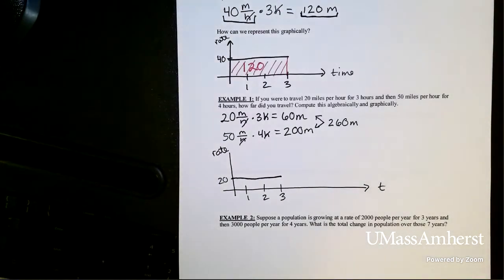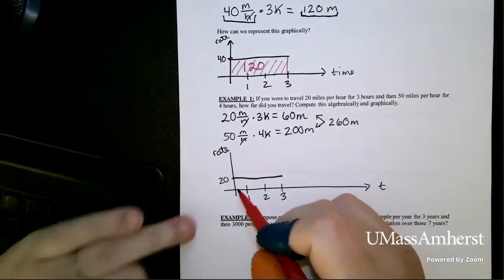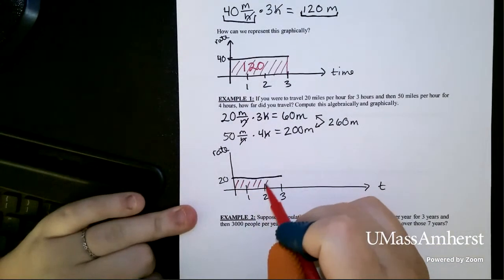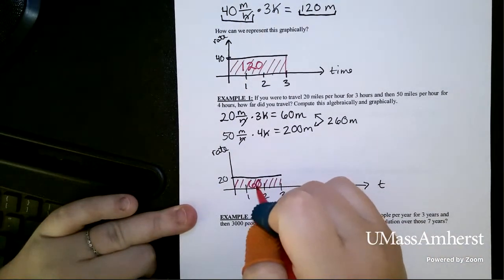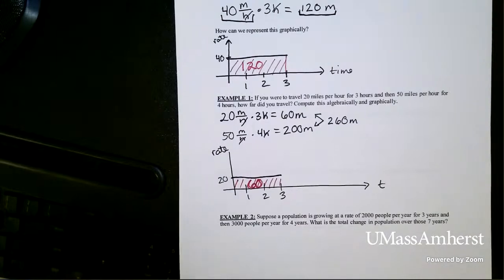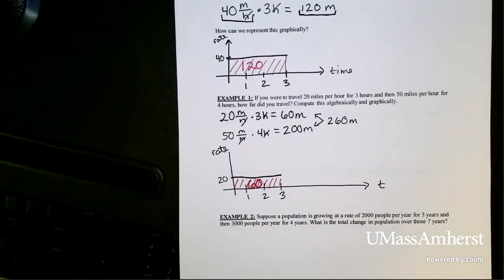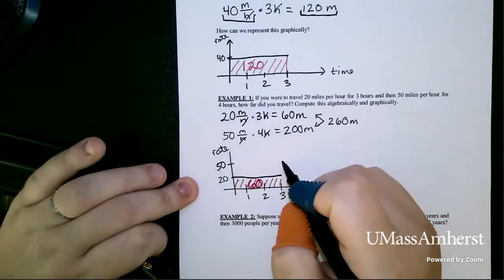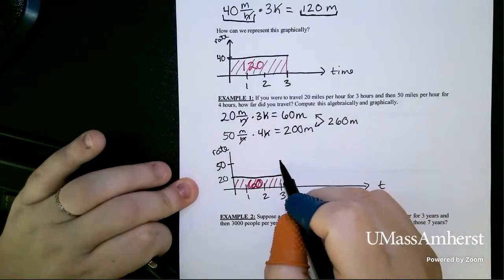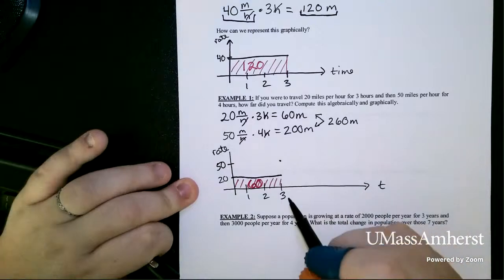And again, the area underneath this creates a rectangle. And if we find that area, we get that 60 that we found algebraically. And then after that, we have the second leg of our trip where we go 50 miles an hour for 4 hours.